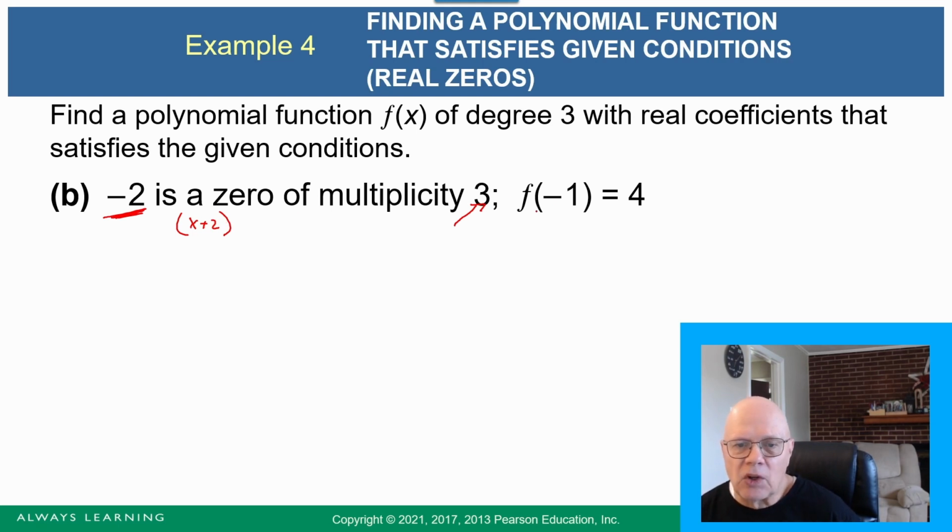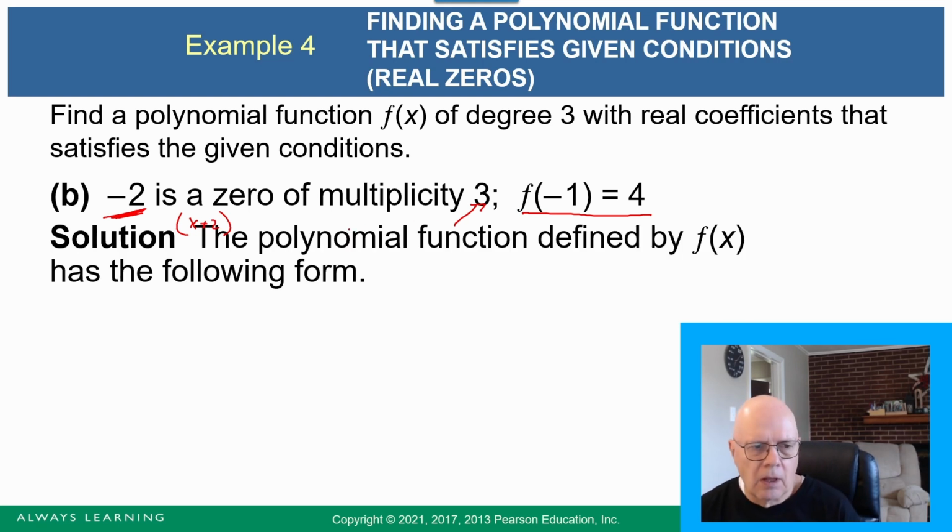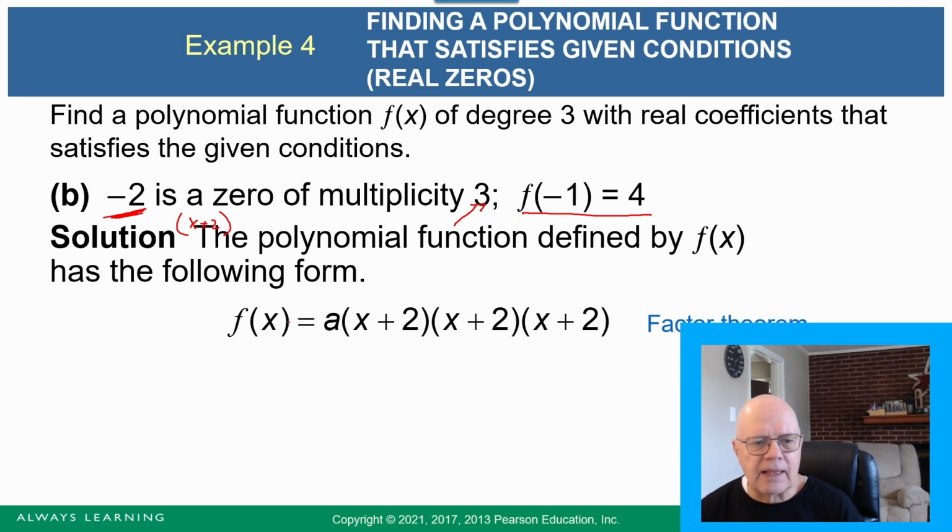And we've got the f of -1 equals 4. Remember, before we had f of 1 equals 3, I think it was. So we can put all this together. So what do we have? First of all, we've got our function like this.